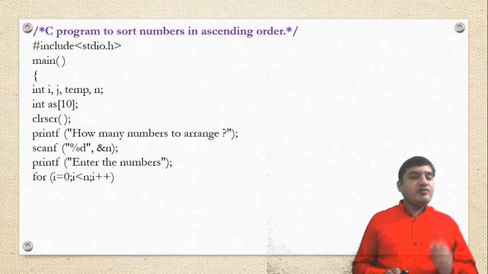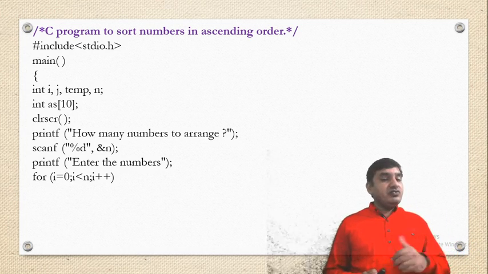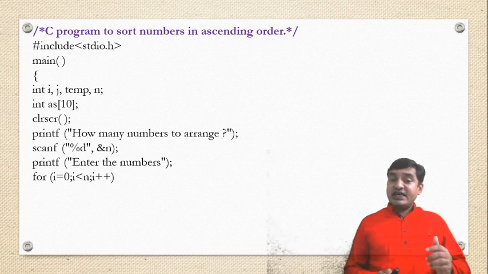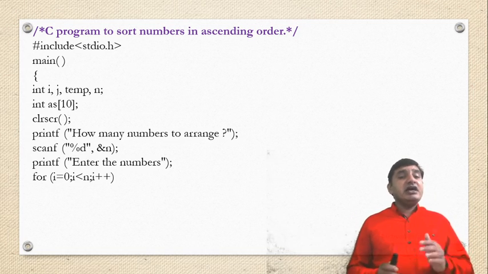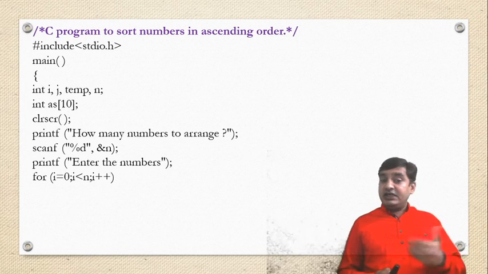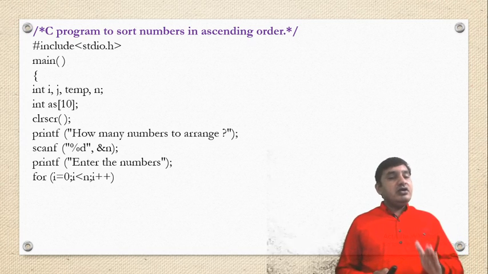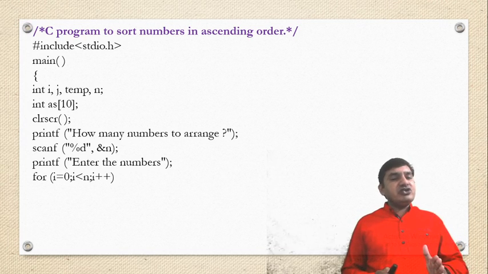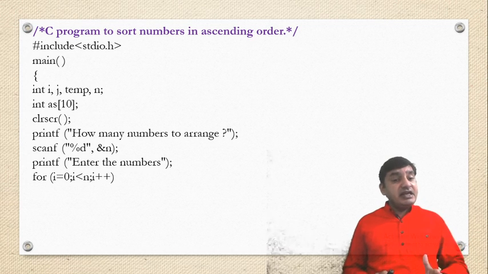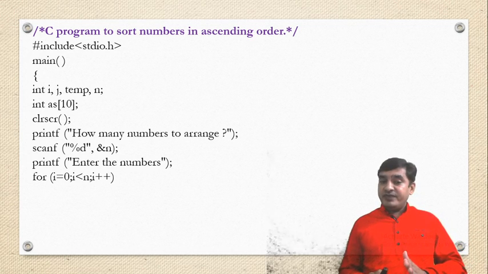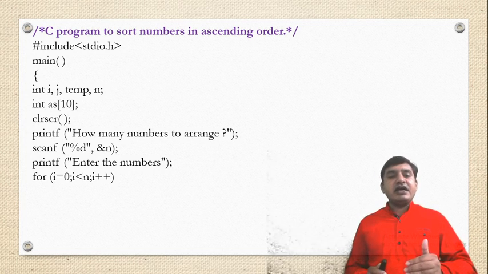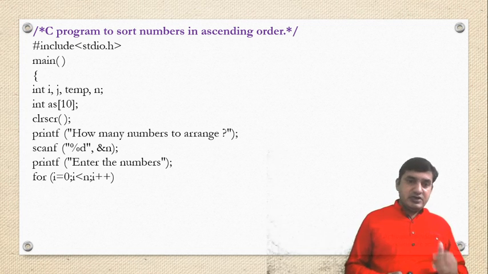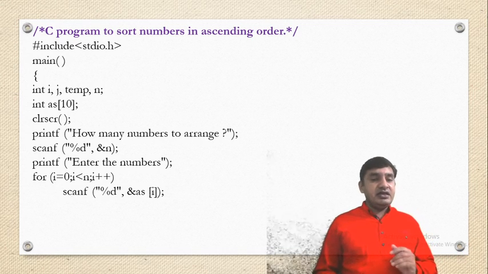We use a for loop, for i is equal to 0, which is the initialization. i is less than n, this is the condition, and i is incremented by 1. i starts from 0, it is incremented by 1, and this is carried out up to n, i less than n.